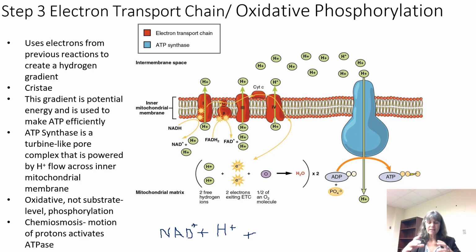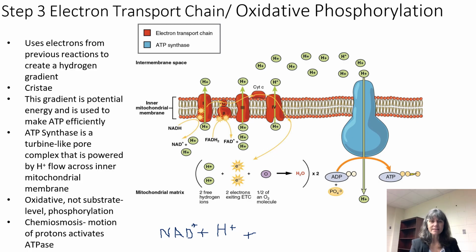And remember that the innermost area of the mitochondria we call the mitochondrial matrix. And then there's a space between the cristae and the outer membrane of the mitochondria, because all mitochondria have 2 membranes. They have an outer membrane and an inner membrane with folds called the cristae.